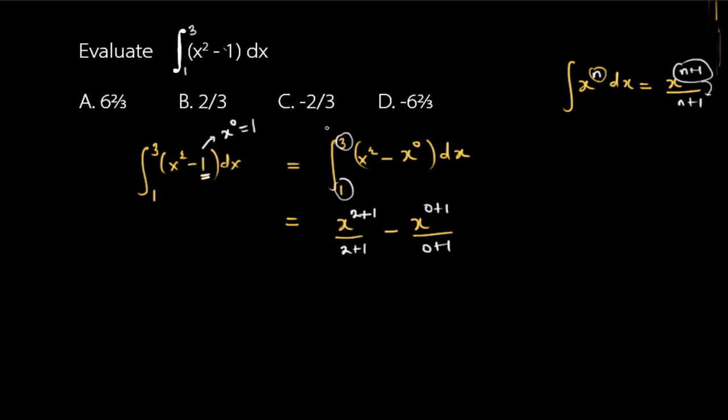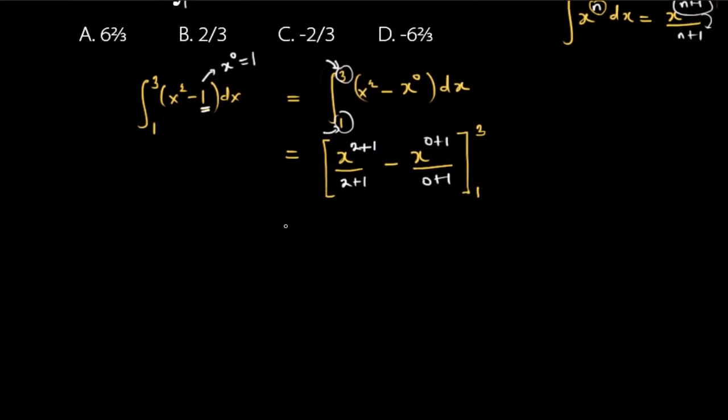To implement the upper and lower limits, put a square bracket with lower limit 1 and upper limit 3. So 2 plus 1 gives 3, divided by 3, minus x to the power 1 divided by 1.